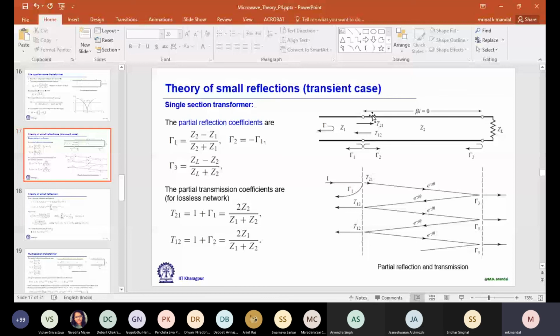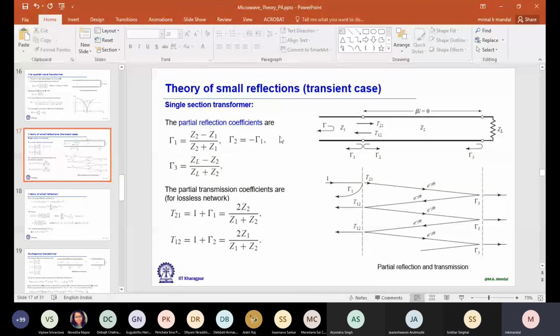At that point, does it know there is a ZL, or how long Z2 is? It does not know anything. The electromagnetic wave just faces this junction. We are considering this one only. Now it travels further. Then it sees another junction here. We have another reflection and transmission here. And that keeps on going. And overall reflection gamma is that in steady state.